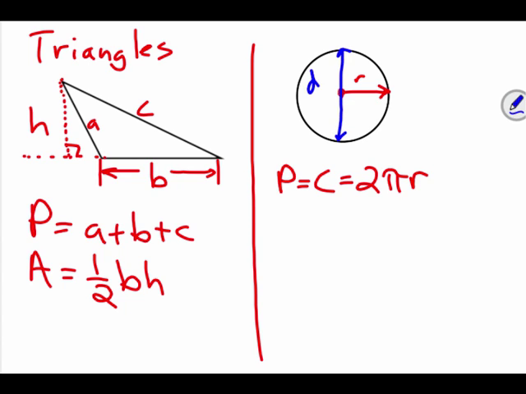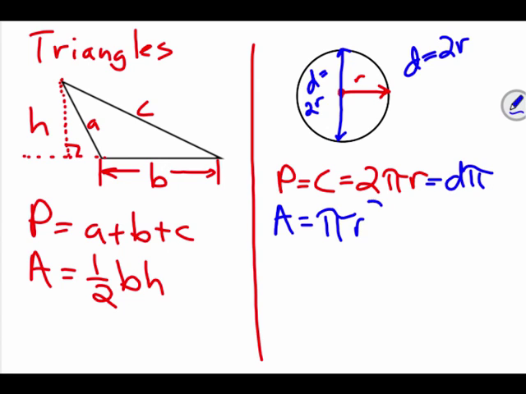So we would say that the diameter is equal to 2 times r. So really your circumference is just going to be the diameter times pi. Does that make sense? All right, so now the area of a circle is just going to be pi r squared.